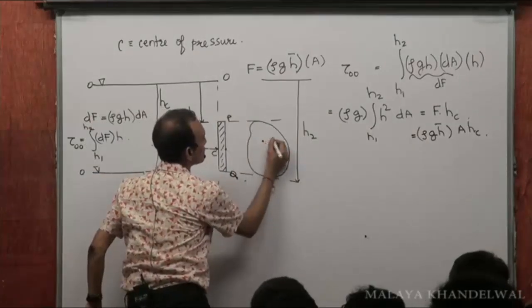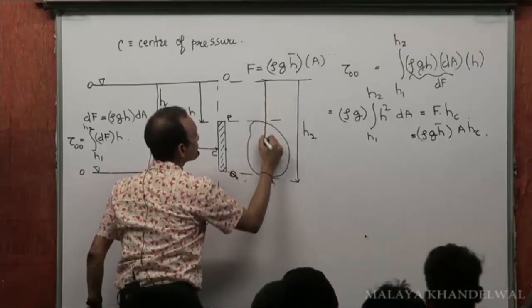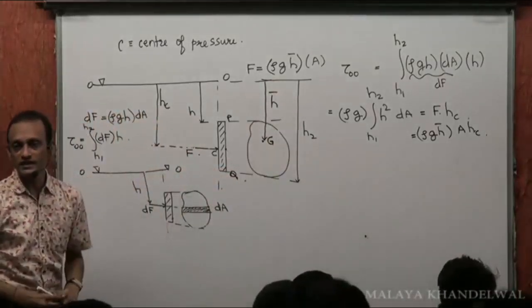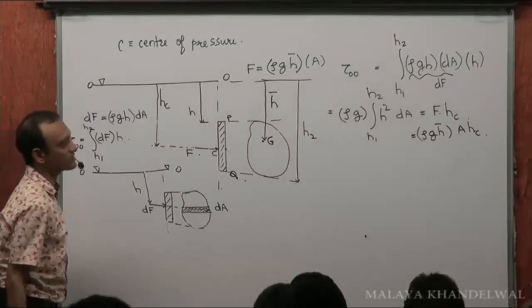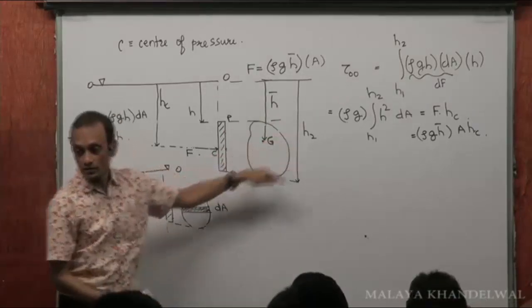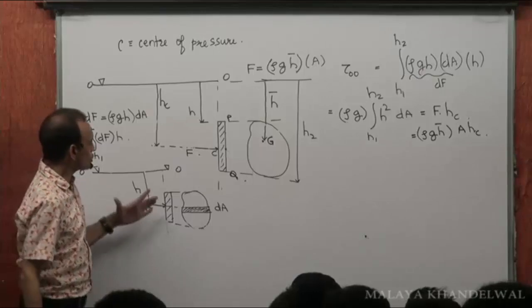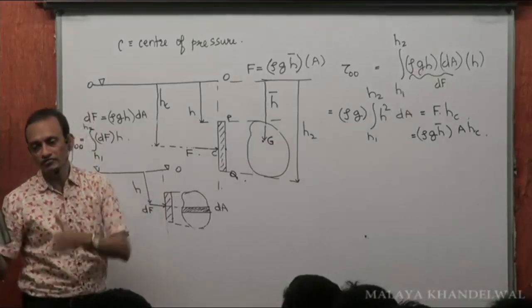If G is the center of gravity of this free surface, h bar is the depth of the center of gravity from the free surface. The total torque because of constituent forces will be the torque of F about the free surface.